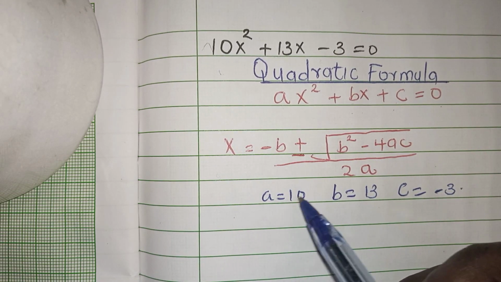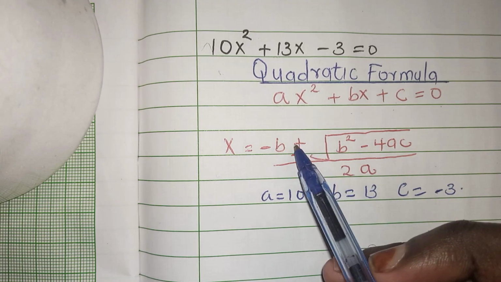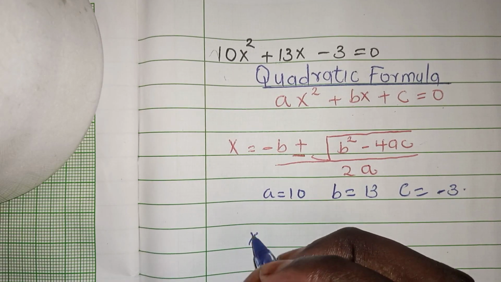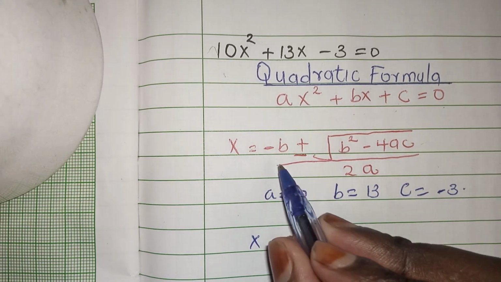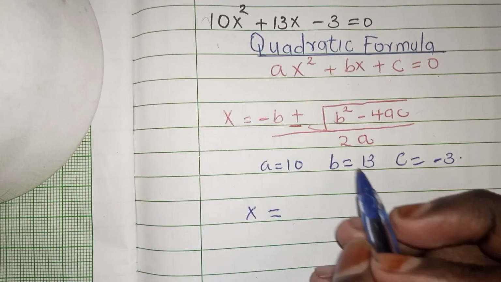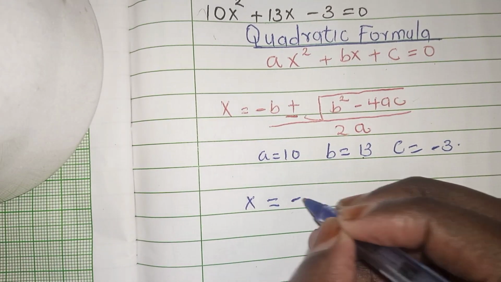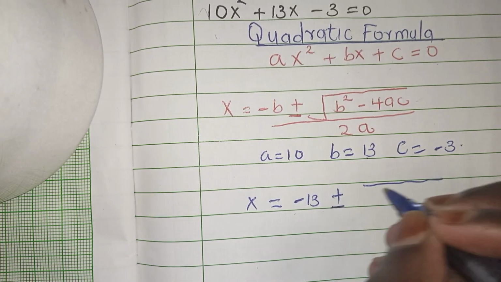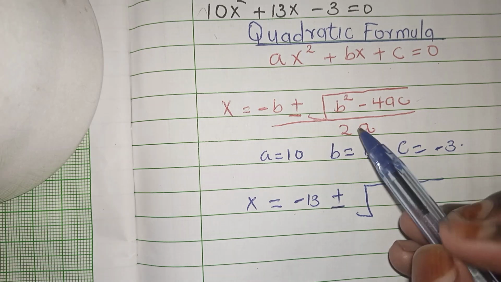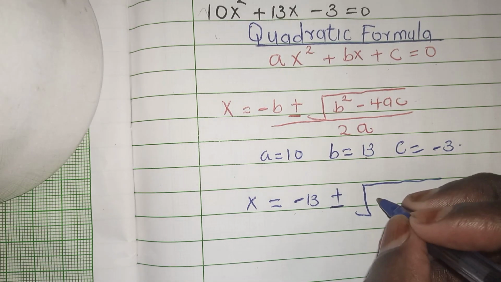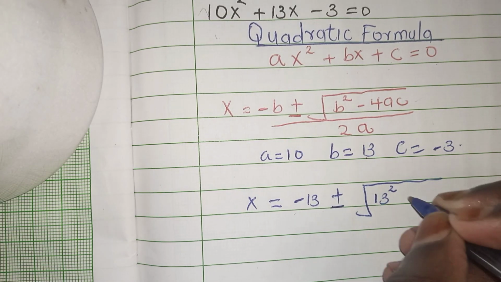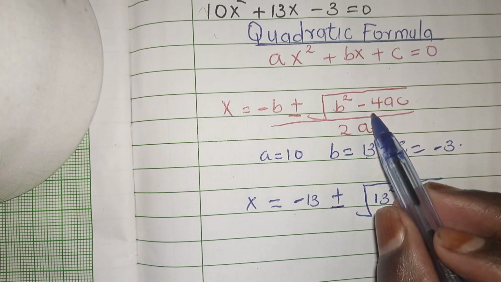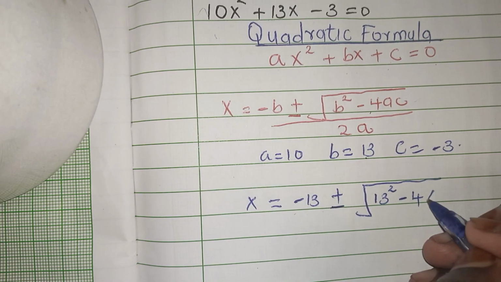So we want to substitute all these numbers in this formula, where x is equal to negative b. Our b is 13. Negative 13 plus or minus the square root of b squared. B here is 13 squared, minus 4 times a.